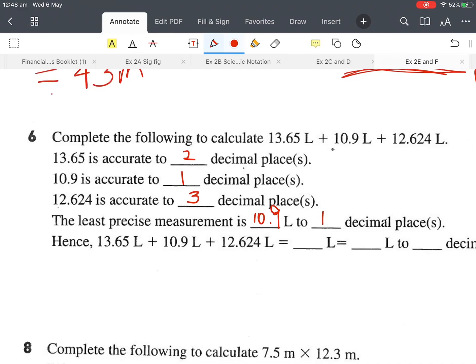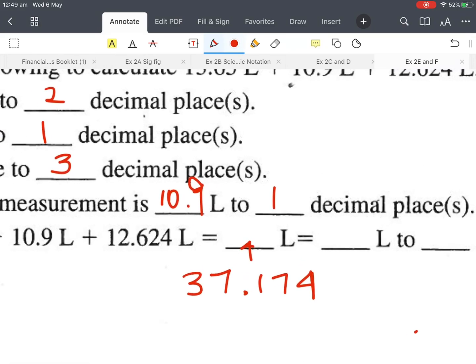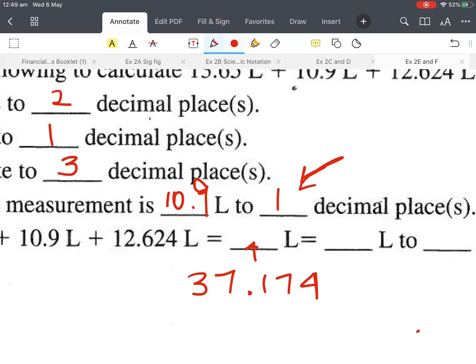Okay, so right, I'm going to add those 3 numbers together on my calculator. 13.65 plus 10.9 plus 12.624 gives me 37.174. Won't fit in there, sorry. Okay, so what's my least precise measurement?